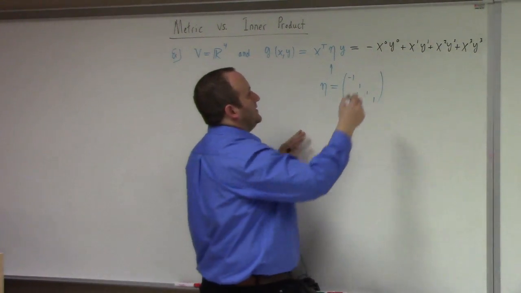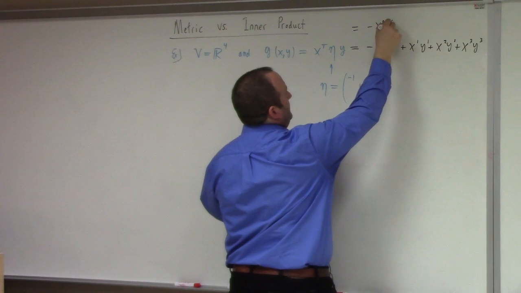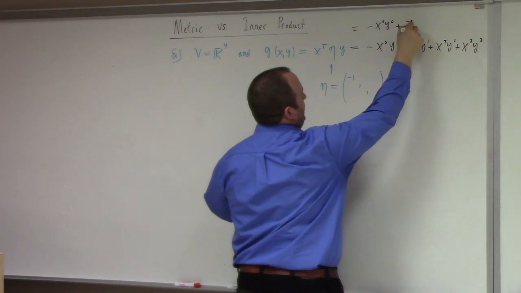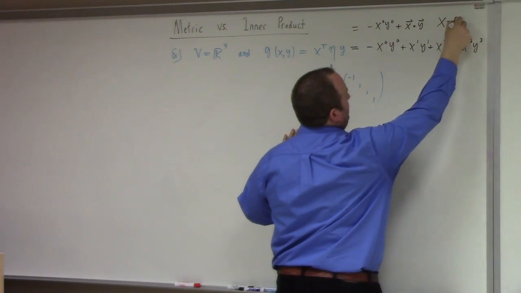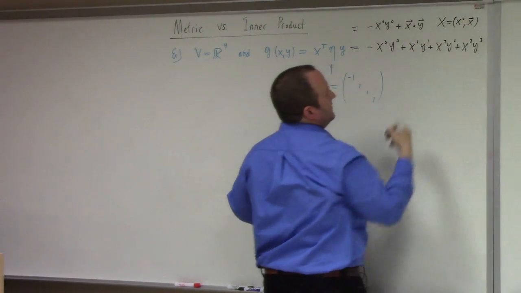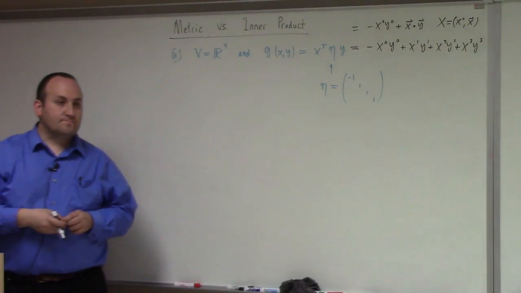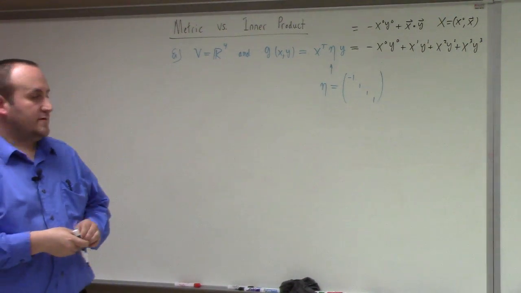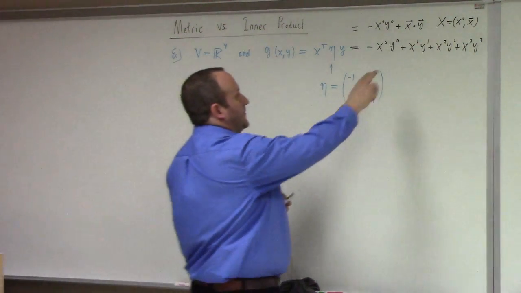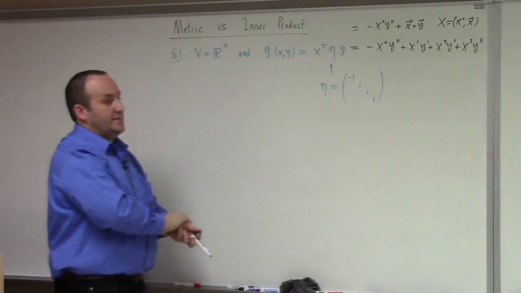You could look at this as minus x naught y naught plus the dot product of vector x and vector y, if you think about x as a pair: x naught with the vector x. X is a 4-vector, a time component plus a 3-dimensional vector. So the Minkowski product becomes the ordinary dot product for the spatial components, but with this weird minus for the temporal component.